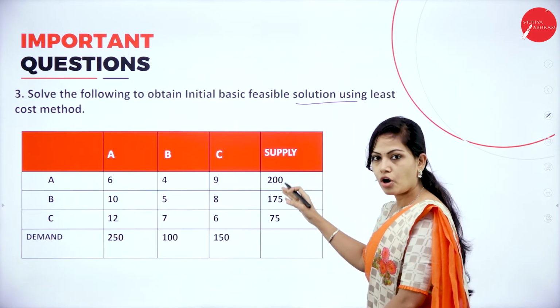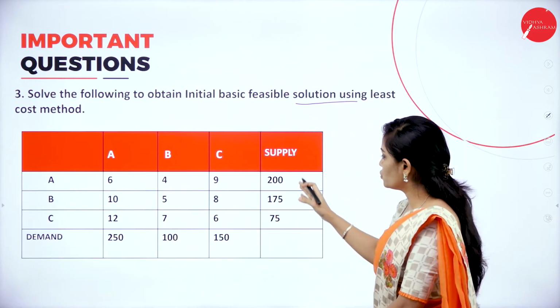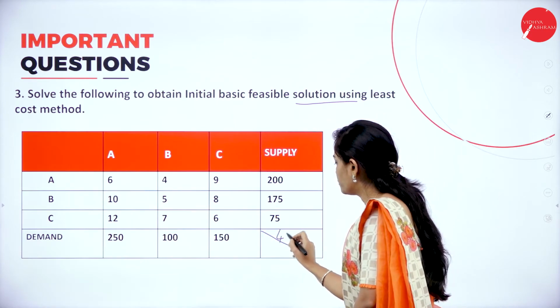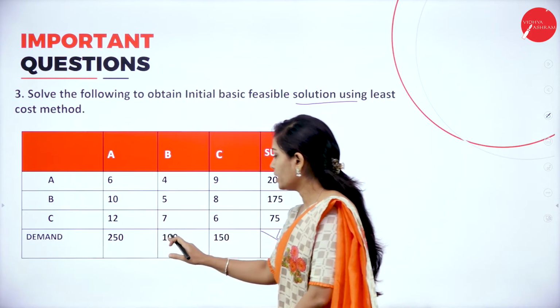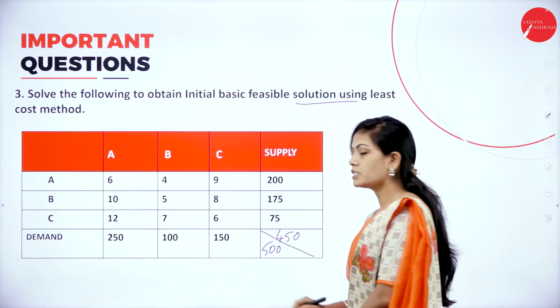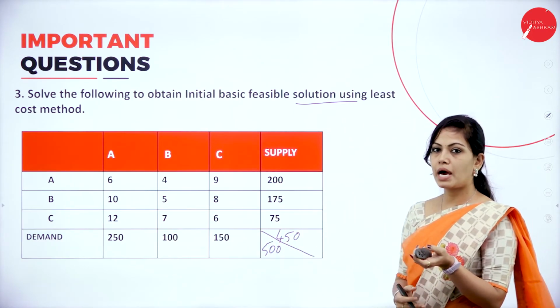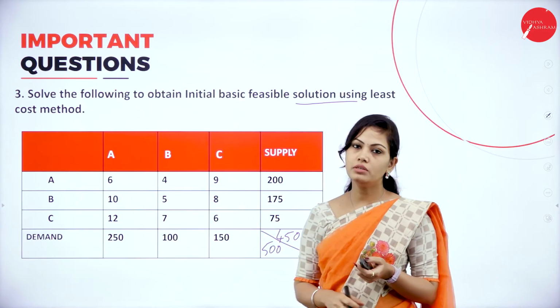Here, add all the supply values and demand values. Supply values 200, 175 and 75, it is 450, and add all the demand values 250, 100 and 150, it is 500. Is this balanced? No, it is not a balanced problem.